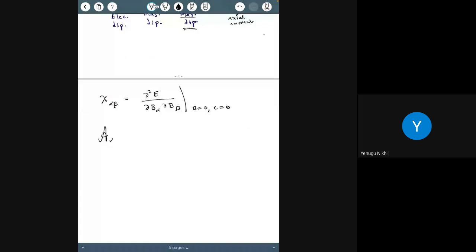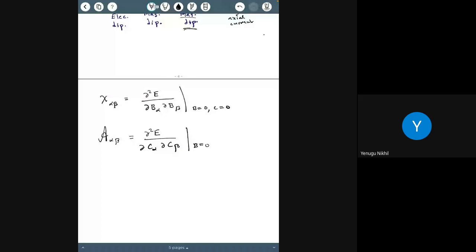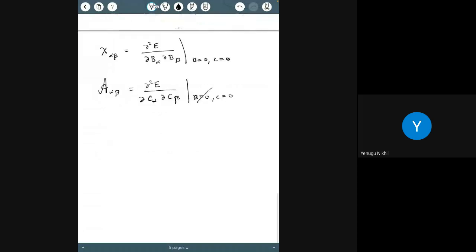Similarly, you can have A alpha beta, with C equal to 0, and you can have the mixed one.